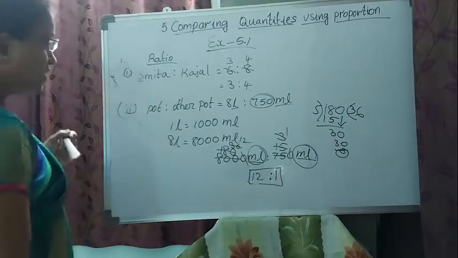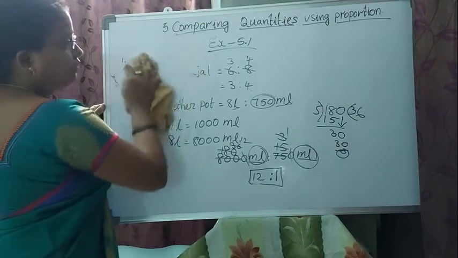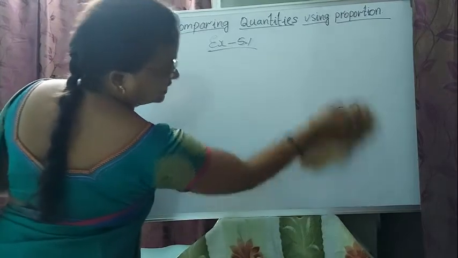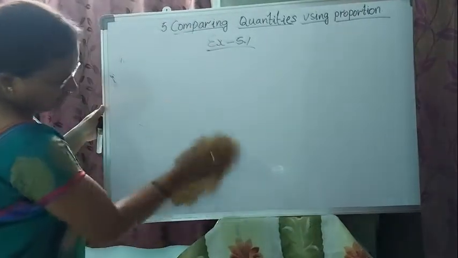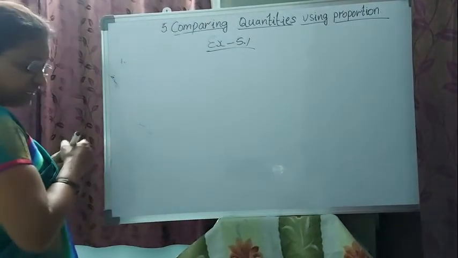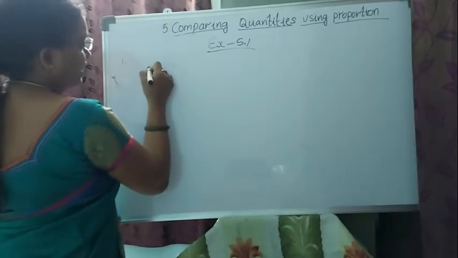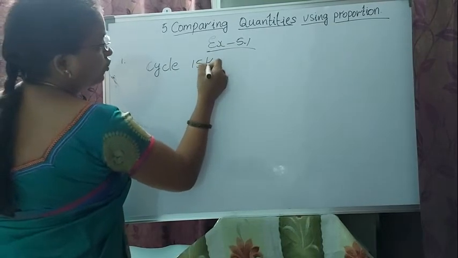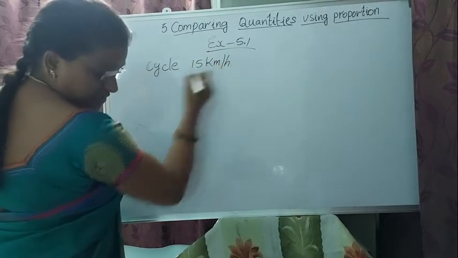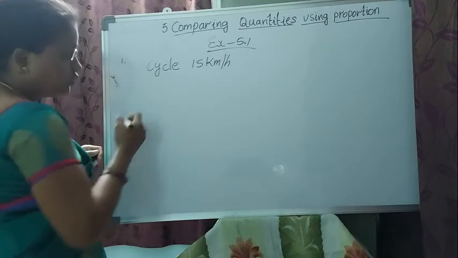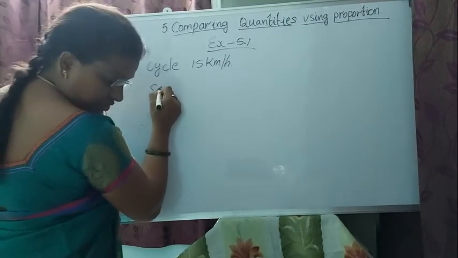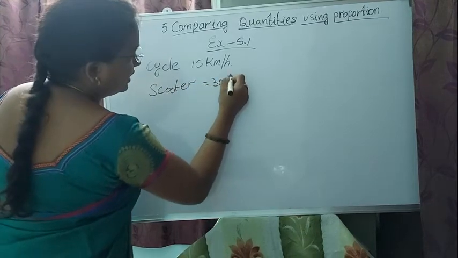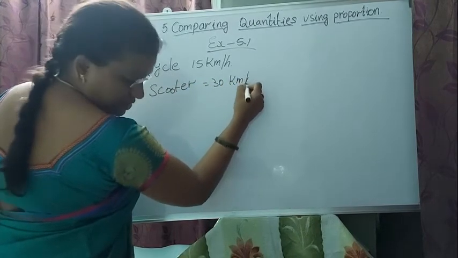And the last one regarding this first Roman, that is the third one. Speed of a cycle is 15 kilometers per hour, and speed of a scooter is 30 kilometers per hour.